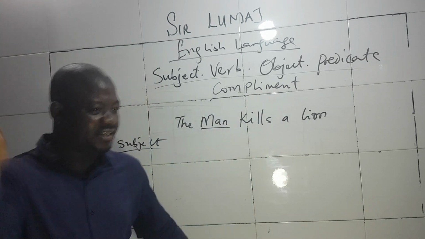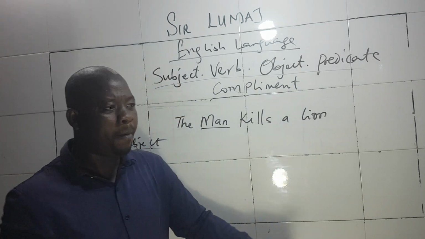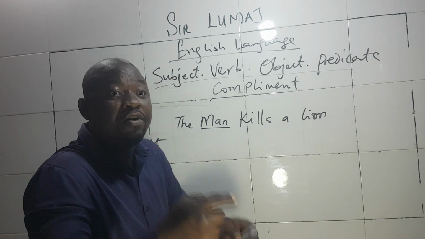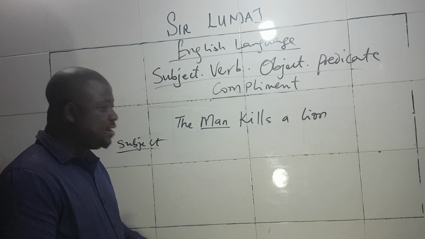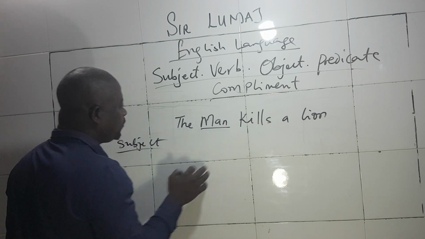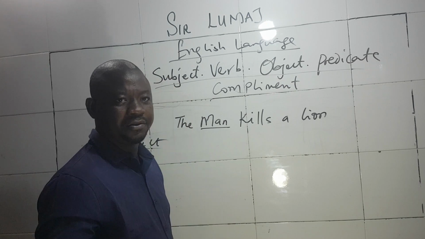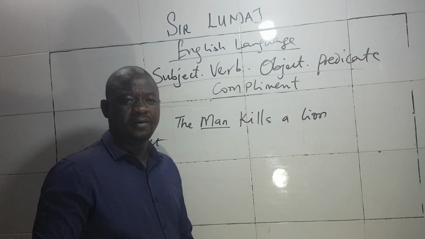It's like you beating somebody. You that you are beating somebody, you are the one performing the action. And the person you are beating is the one receiving the action you are performing. Now, in this sentence, man is the one performing the action. Lion is the one receiving the action.